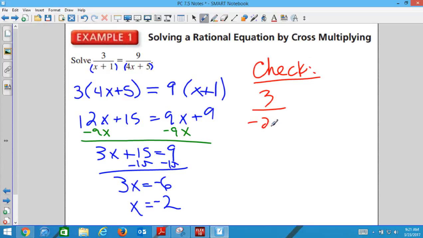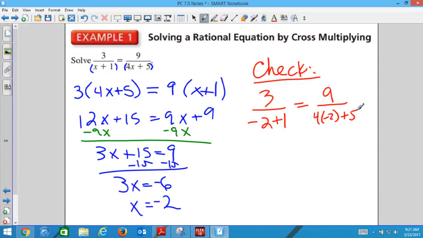3 over negative 2 plus 1 equals 9 over 4 times negative 2 plus 5. Now at this point, if you simplify it on your own, and both sides equal the same number, then you know you're right.